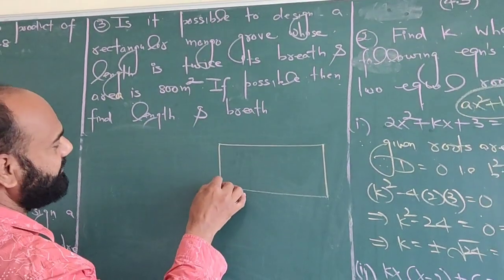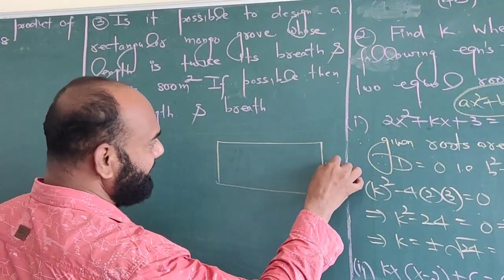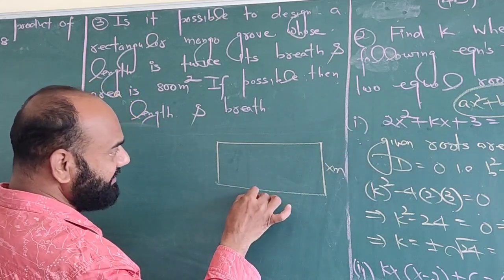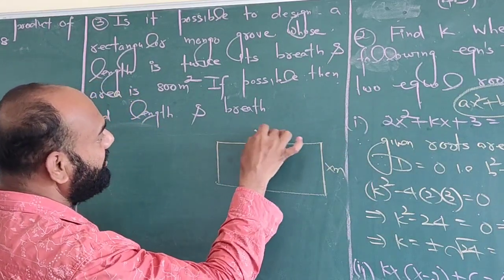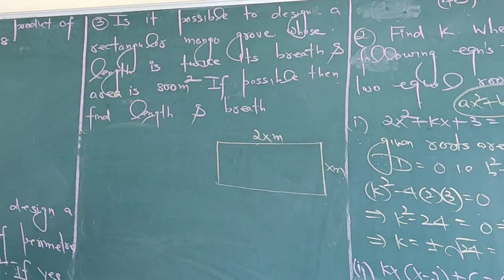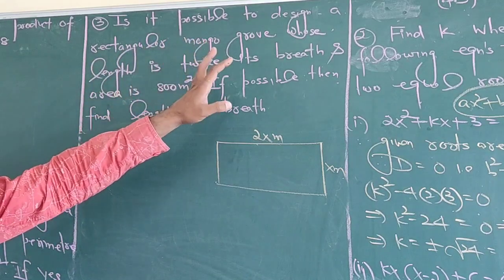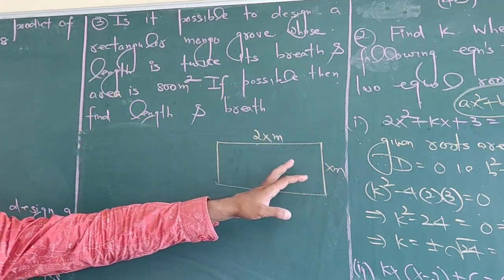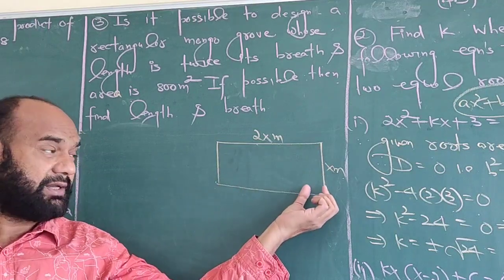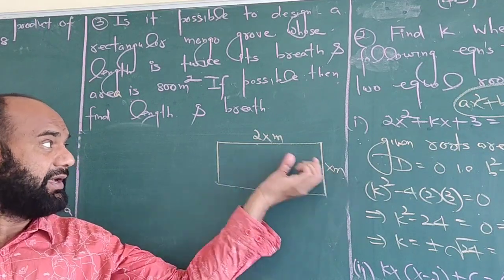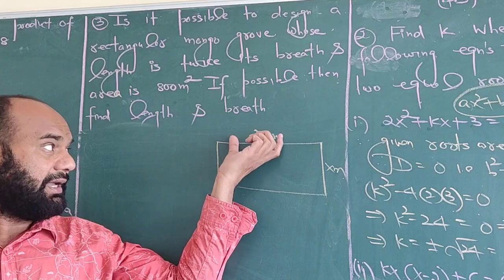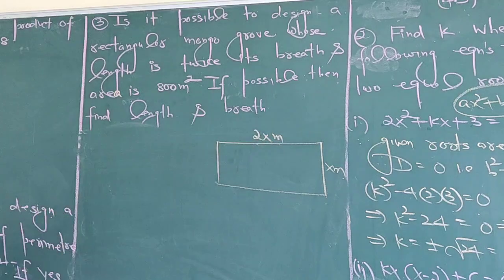It is possible to design a rectangular mango grove whose length is twice its width. So suppose the width of the rectangular mango grove is x meter, therefore the length is 2x meter.